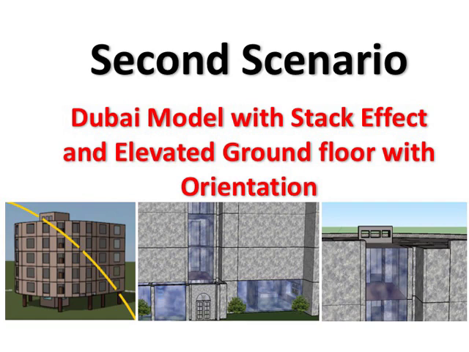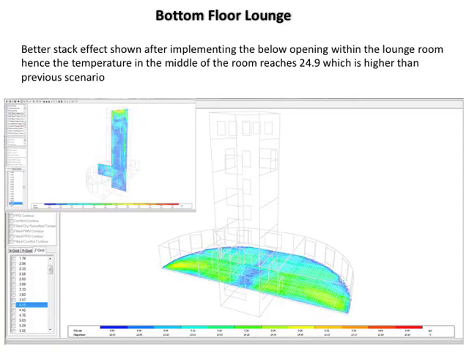Second scenario, Dubai model with stack effect and elevated ground floor. Warmer air in the bottom of the room comes from the lower window openings that were implemented after upgrading the ground floor to the mezzanine level. In the bottom of the lounge room, the air temperature is 24.2 degrees Celsius.